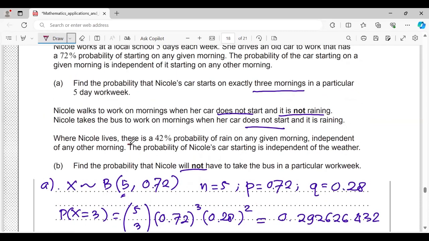There is a 42% probability of rain on any given morning.